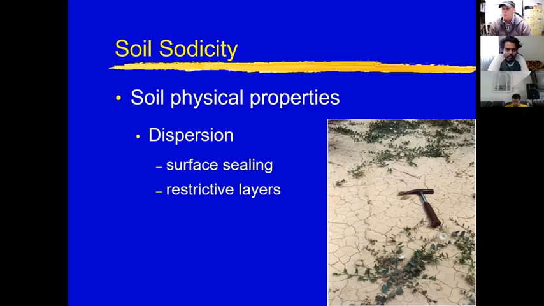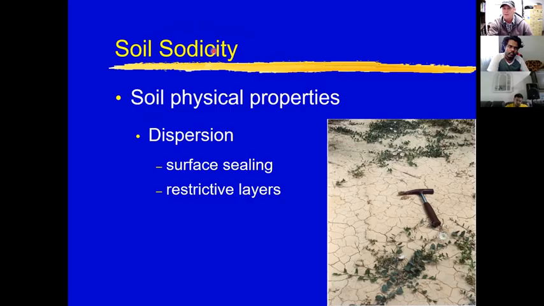You guys remember way back at the beginning of class when we did our texture analysis and we added that sodium hexametaphosphate? Basically what we did is we induced a chemical sodicity problem because we wanted all the different clay particles to disperse, okay?